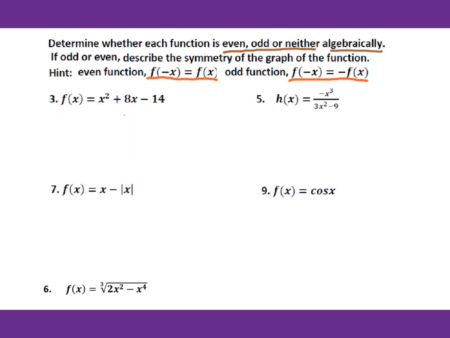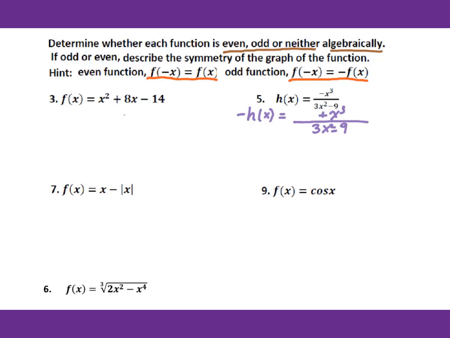Now let's go to number 5. First of all, still, I need a negative h of x. Since this is a fraction, you get the opposite of the numerator. That's how you get the positive x to the third power. The denominator stays the same like this.